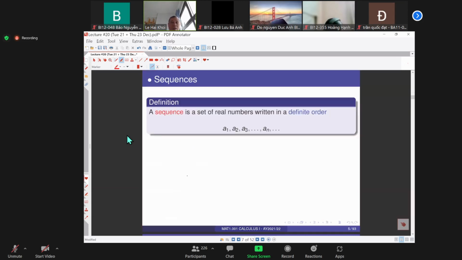So, then the definition. A sequence. Dãy số là gì? It is a set of real numbers. Vậy một cái đầu tiên nó là set, là tập hợp, but written in a definite order. Được viết theo một thứ tự nhất định.